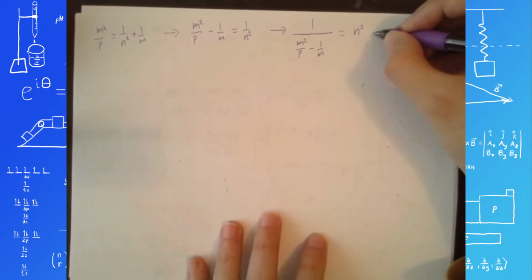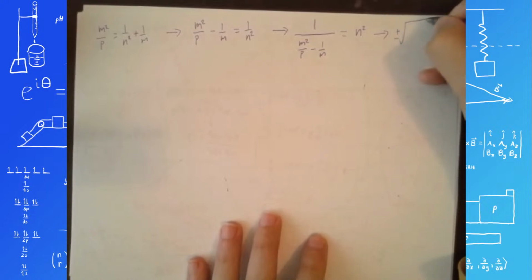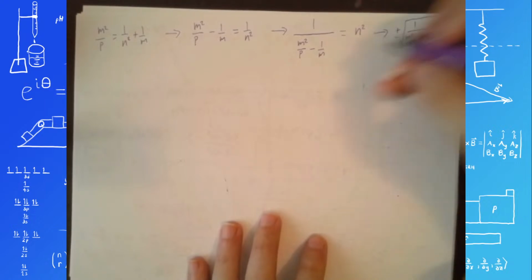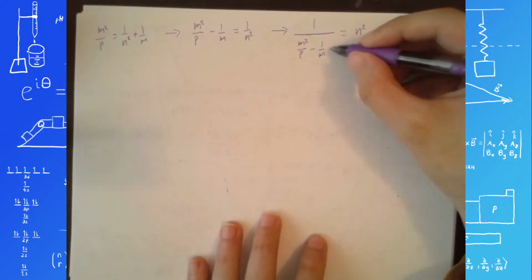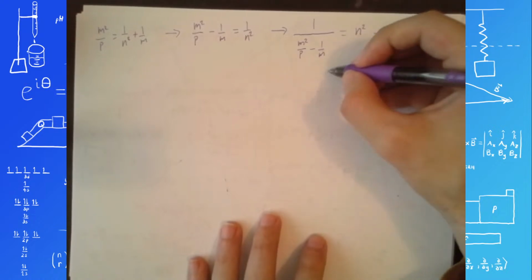That is an option. We can just go plus or minus square root of very ugly looking complex fraction. We can do this, but chances are you're going to want to try and simplify this left-hand side a little bit more before you go that route.